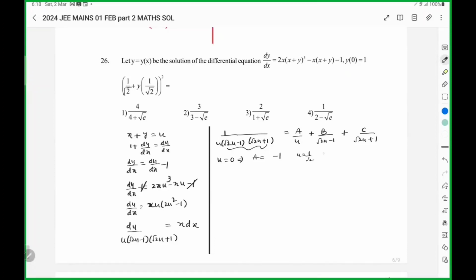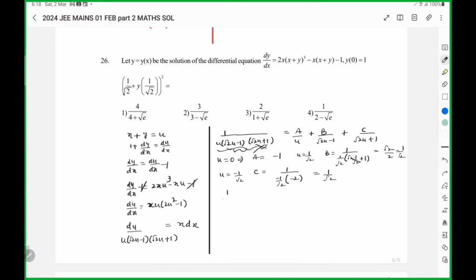Here, other than this, b becomes 1 by root 2 into root 2 into 1 by root 2 plus 1, which is root 2 by 2. Similarly, u as minus 1 by root 2. c becomes, substitute not in this part but in the remaining, minus 1 by root 2 minus 2, which is 1 by root 2.